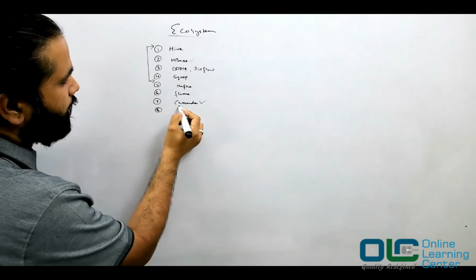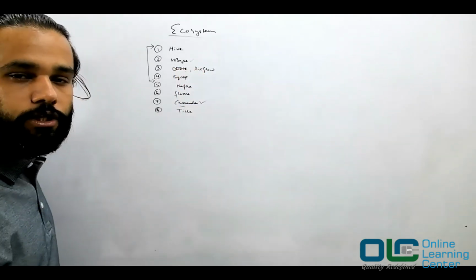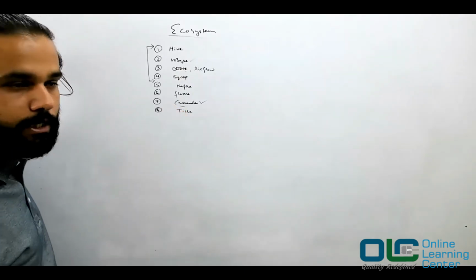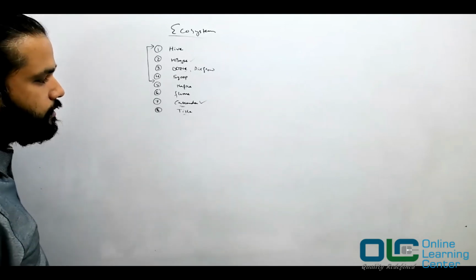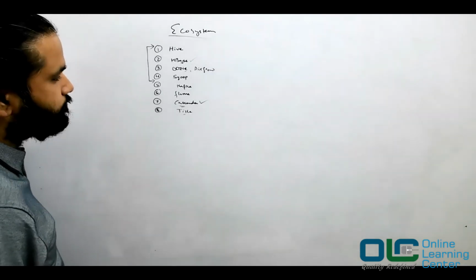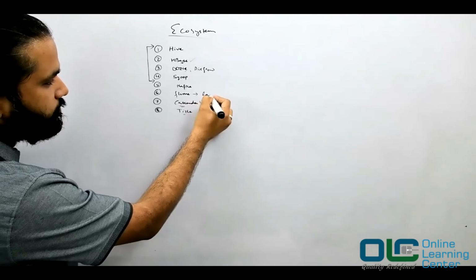Cassandra and HBase are similar, which means given knowledge of HBase, with a little bit of effort you can scale yourself up into Cassandra. Tika is a framework where you can work with third-party files like PDF files and Word files. Flume can be used to collect data from logs.